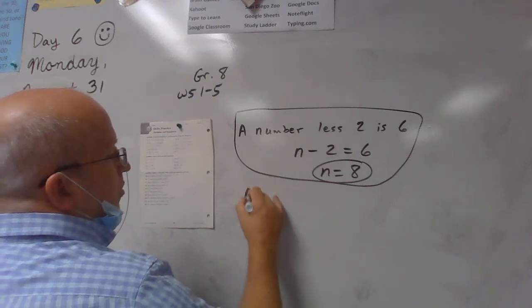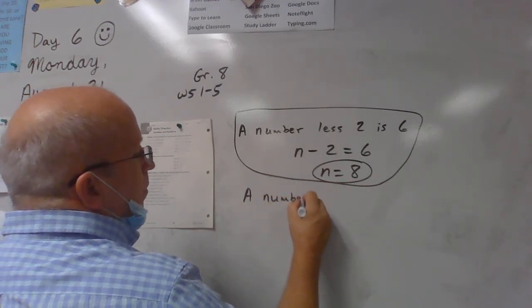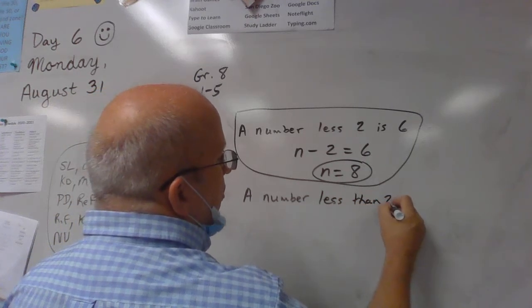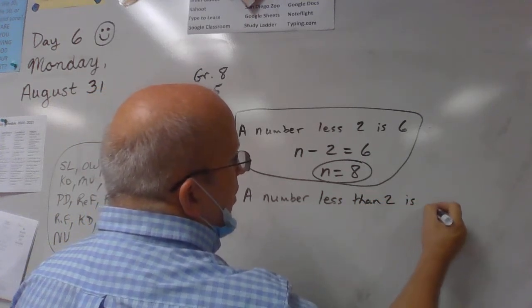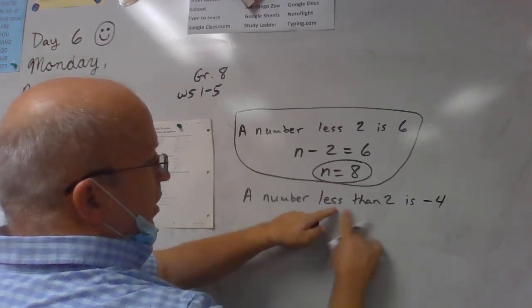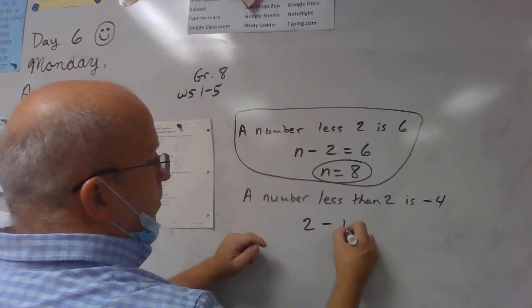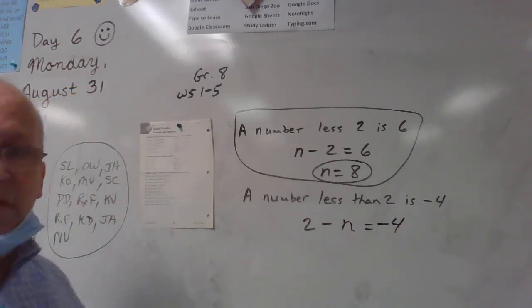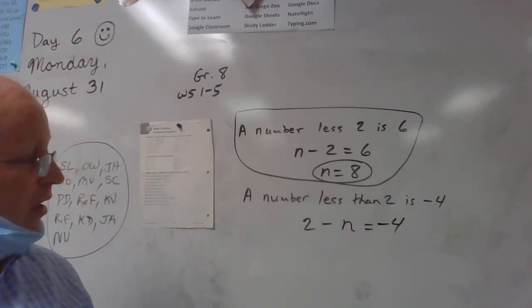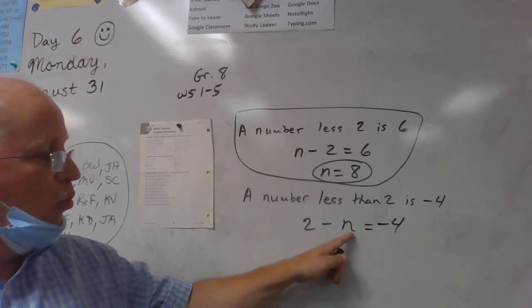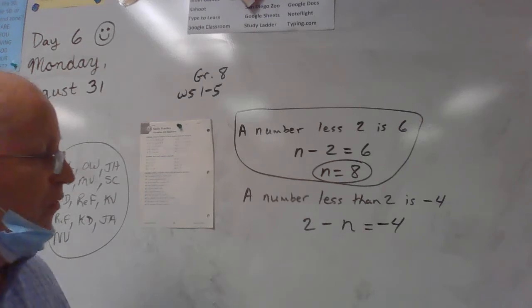But what if I write it this way? A number less than 2 is -4. Here, because I have the phrase less than, I'm going to flip the 2 and the n, and I'm going to make it look like that. Now, guessing and checking, 2 minus what number would get me to -4?